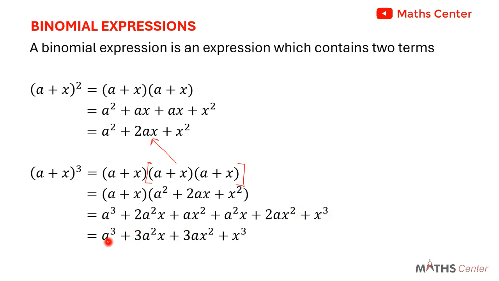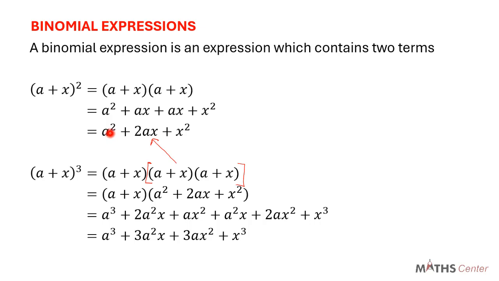So this will give us a cubed plus 3a squared x plus 3ax squared plus x cubed. We learned how to do this in the lesson on algebraic expressions.